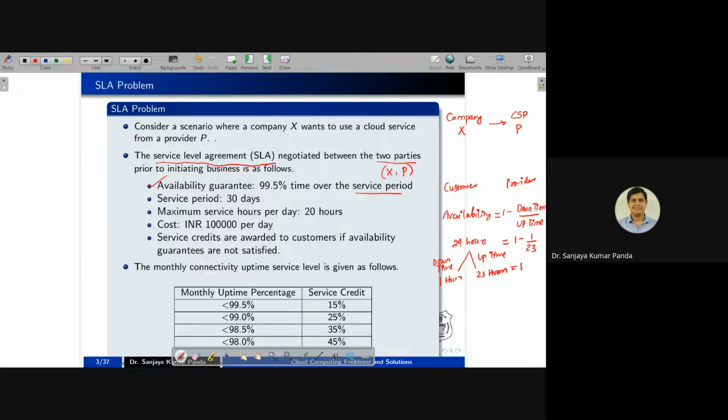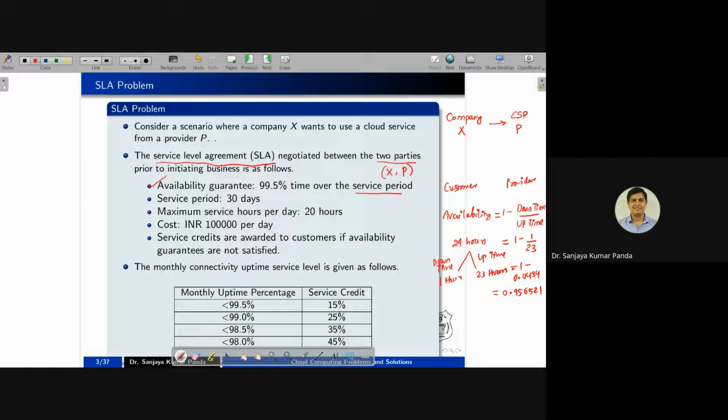So 1 by 23 is 0.0434. Yes, so this is 1 by 23, and we have to subtract it from 1. So how much will you get? I think if I'm correct, it is 0.956521.